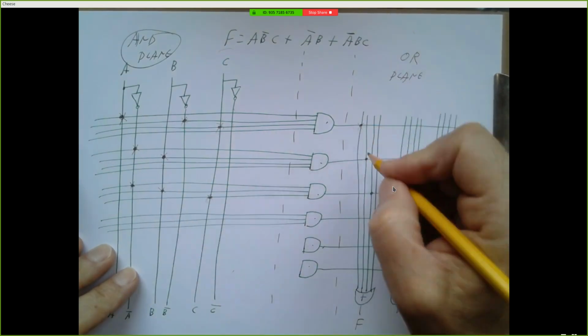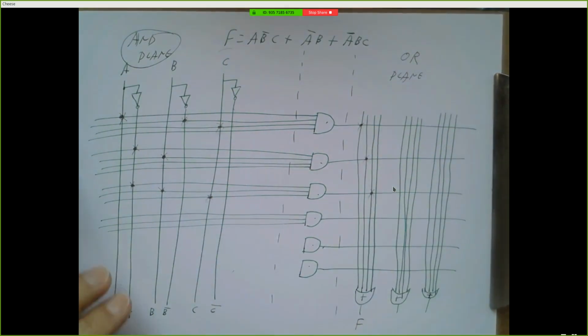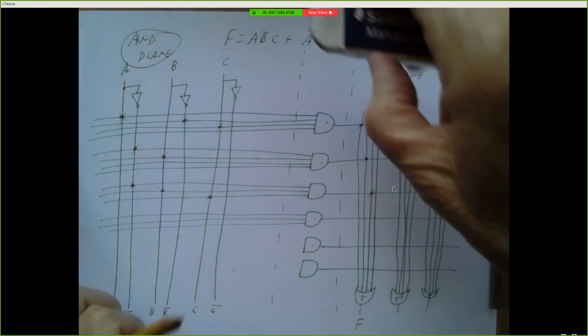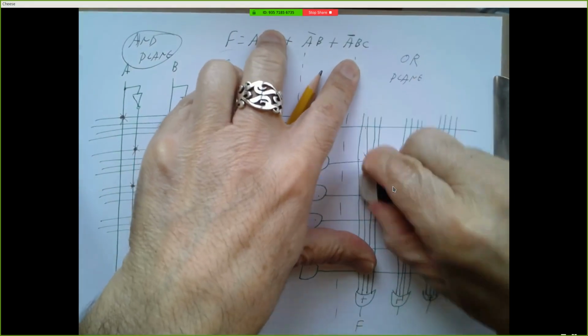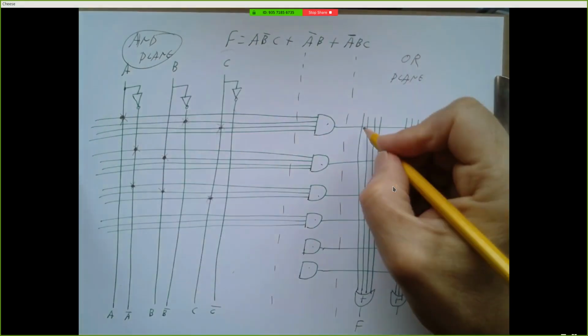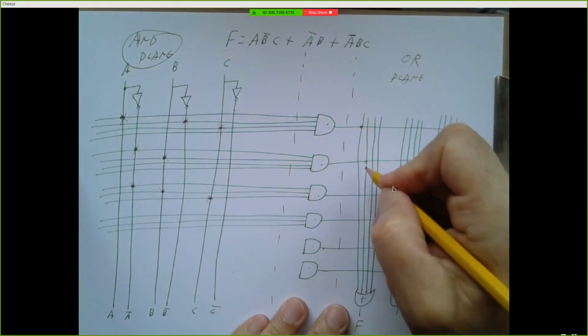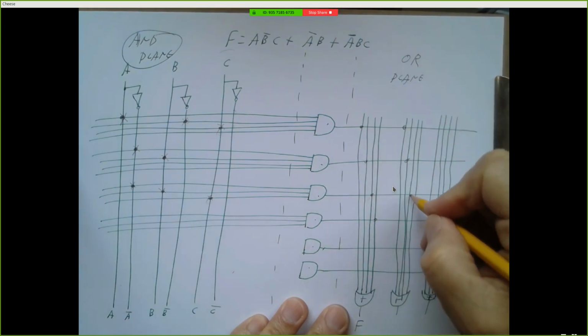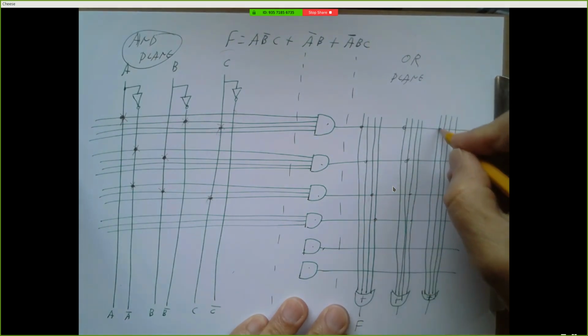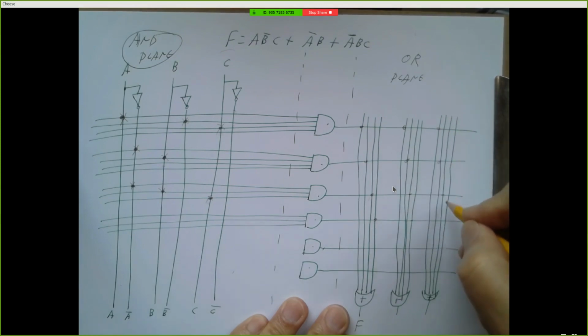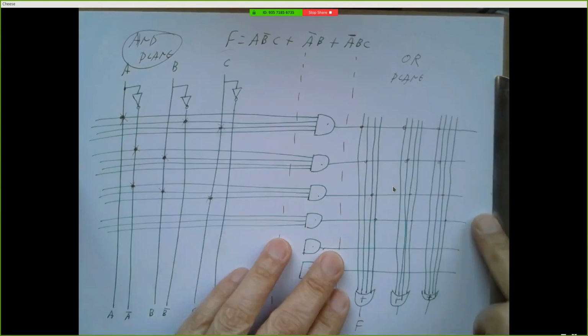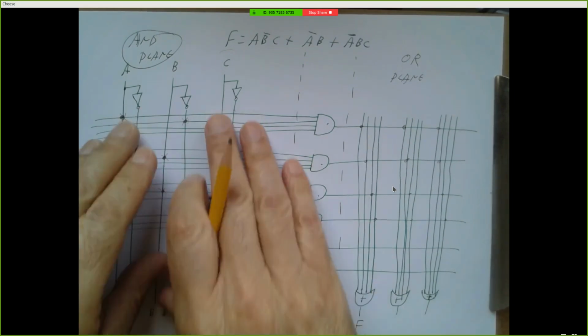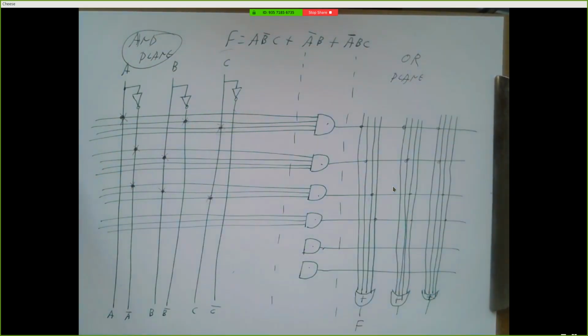And I would indicate these with X's. But if this came from the factory and only the AND plane was programmable, right, then the OR plane would look like this. Right? And these connections are always here. And I only get to control what the products are that get summed together.